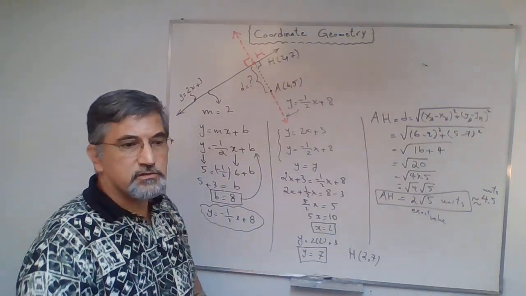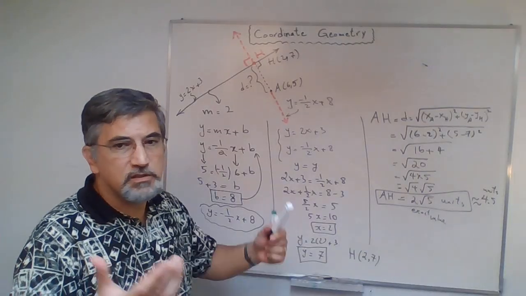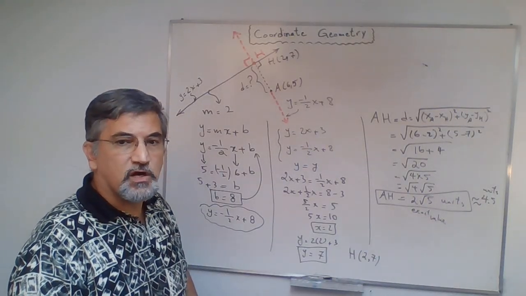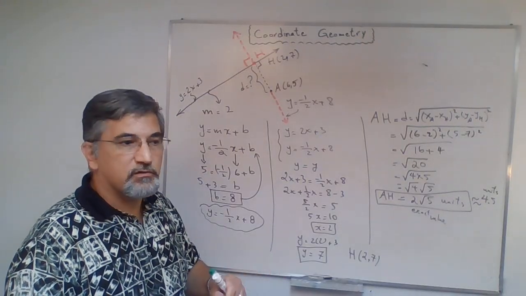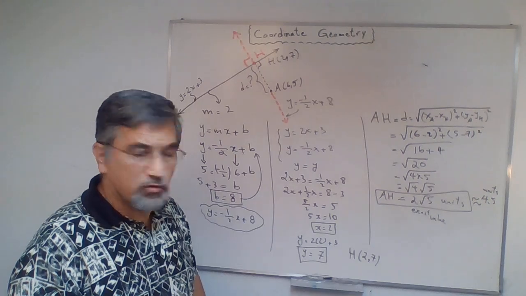Now, believe it or not, I don't need to add this part, but it doesn't harm. There is a formula that you can use to find the distance in one shot without doing all this work.